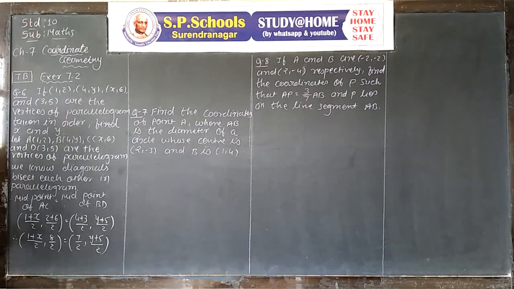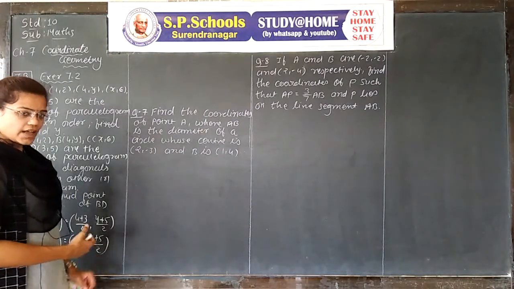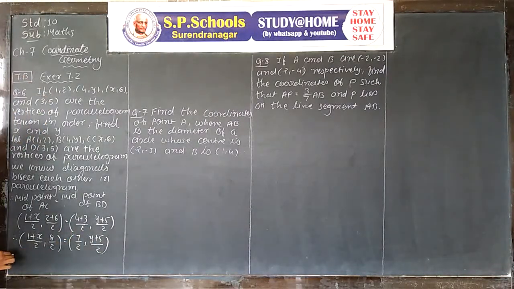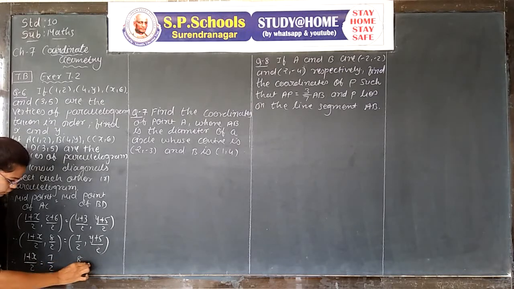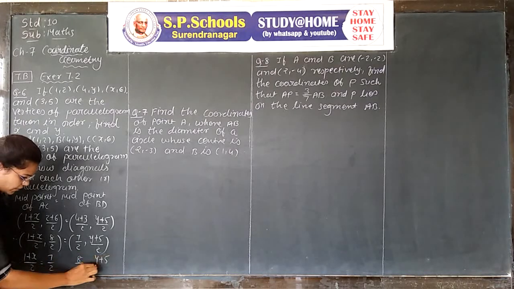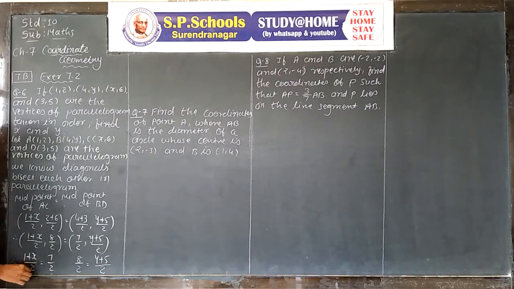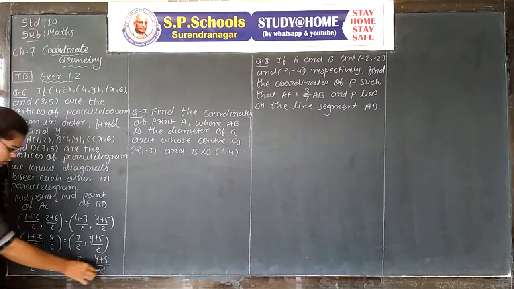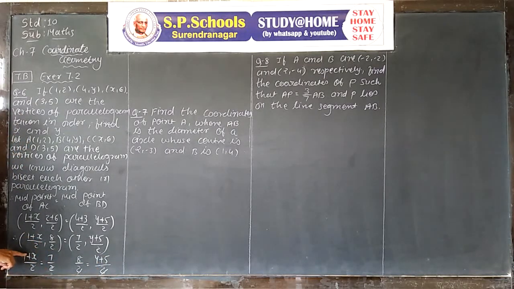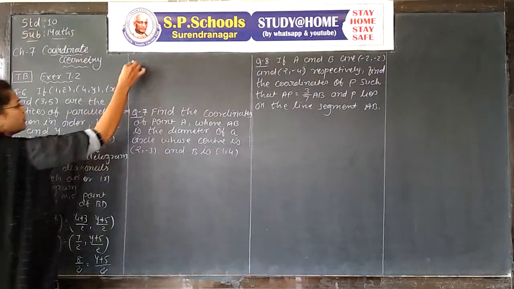Now we compare x coordinate with x coordinate and y coordinate with y coordinate. Therefore, (1 plus x) upon 2 is equal to 7 upon 2 and 8 upon 2 is equal to (y plus 5) upon 2. Now 2 cancels from both the denominators, remaining 1 plus x is equal to 7.